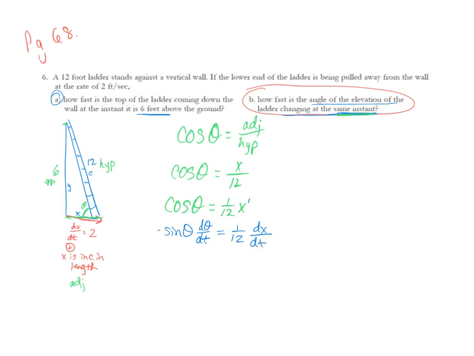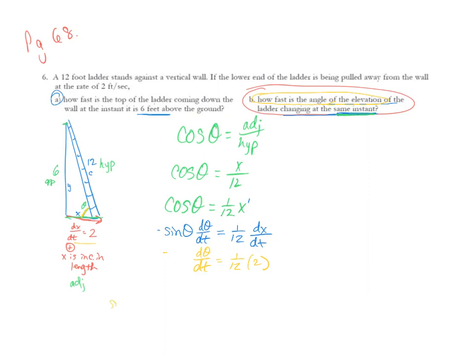So let's look at what I know. I know right now that this is 1/12. I know that my dx dt is 2. I do not know what my d theta dt is. That is actually what I'm looking to find. How fast is the angle of elevation changing? That would be my d theta dt, my rate of change of the angle. Now my sine theta, well, again, here's my angle measure over here.